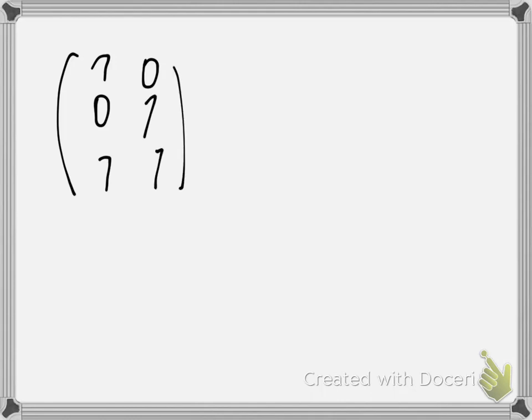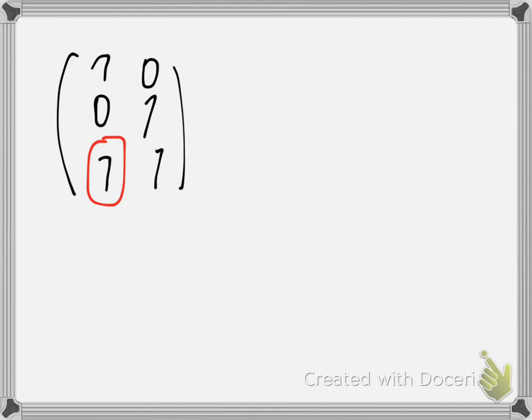So let's redraw our matrix. We want to eliminate this element here. It's the Z element because we are in 3 dimensions. So we can rotate around the X axis, or we can also rotate around the y-axis.